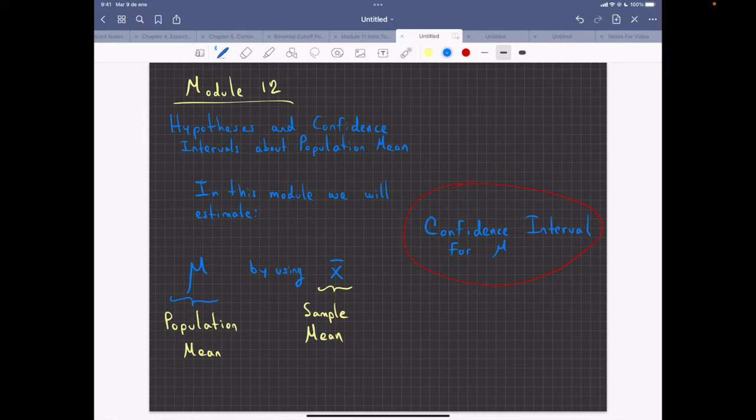Anyway, I'm going to be explaining here how to do them. But essentially, a 1 minus alpha 100% confidence interval for mu is given by this.